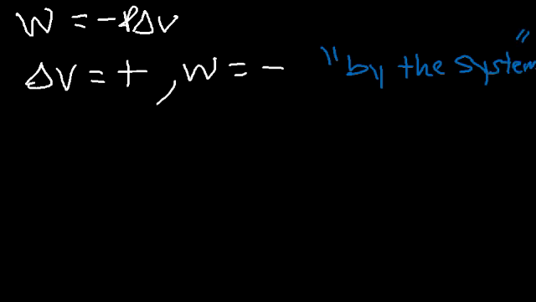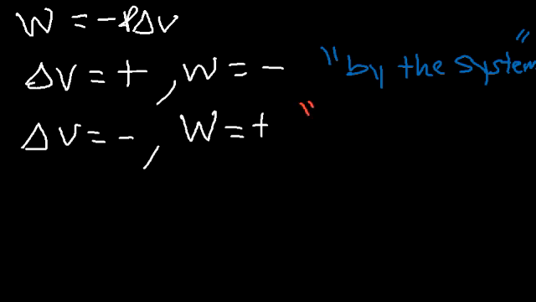Now, when delta V is negative, the gas is compressed by an outside force. Because there's an external force that's compressing the gas, making it smaller, the work is positive. You're increasing the internal energy of the system. So when work is positive, work is done on the system, because there is an external force being applied on the system.